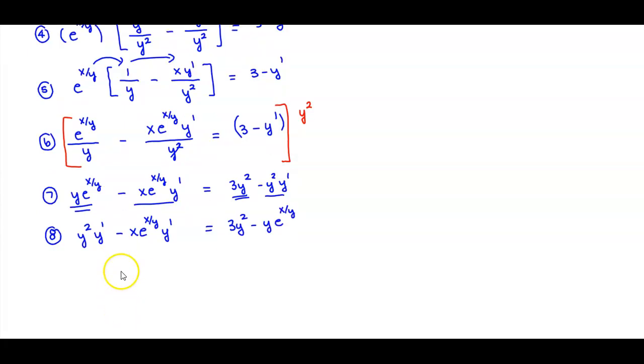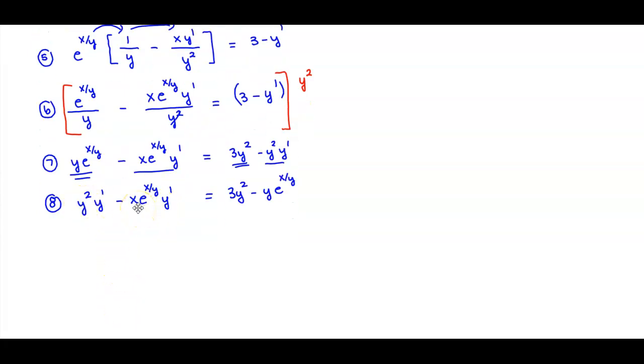Now we can factor out the y prime. If we factor out the y prime, we end up with y squared minus x e to the x over y, and that's equal to 3y squared minus y e to the x over y.